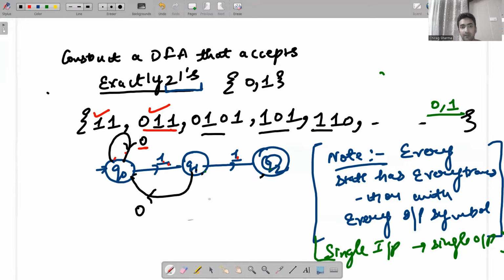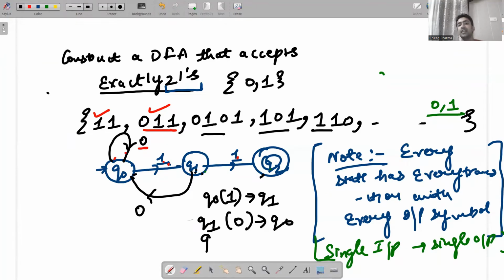I'm putting Q1 with 1, Q0 with 1, I'm going to Q1, and from Q1 I'm going back to Q0. It is possible to go back. Q1 when given 0 goes to Q0, and again Q0 is given 1, I go to Q1, and then finally I'm going to Q2.